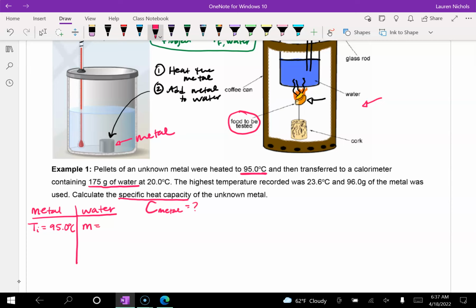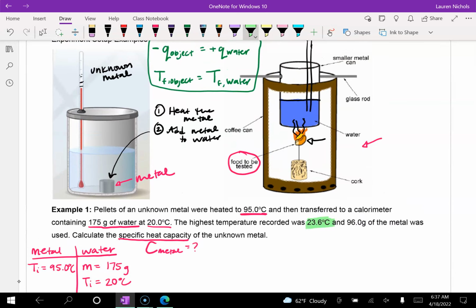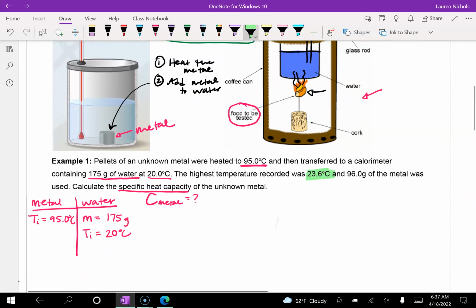So the mass of the water is 175 grams, and it is initially at 20 degrees Celsius. That's our third value. It says the highest temperature recorded was 23.6 degrees. Now this is special because remember our second assumption was that the final temperature of both the water and the object are the same.